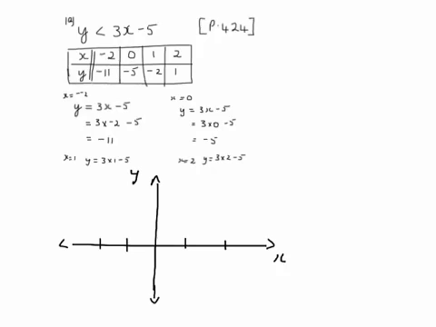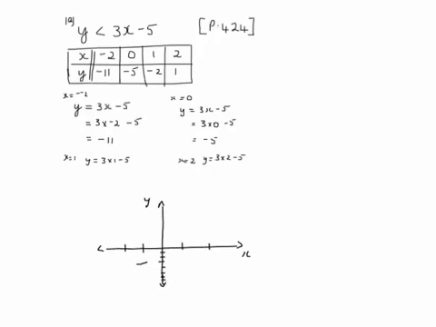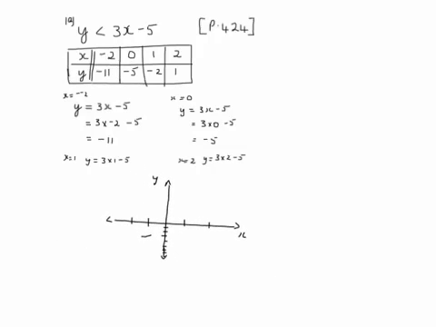And my y, I can make these very small: 1, 2, 3, 4, 5, 6, 7, 8, 9, 10, 11. So that's going to be quite small. 1, 2, 3, 4, 5, 6, 7, 8, 9, 10, 11.